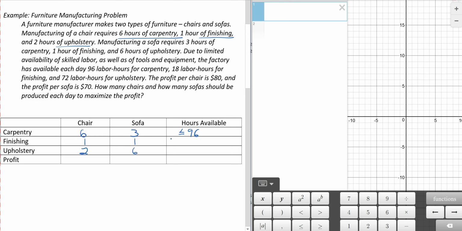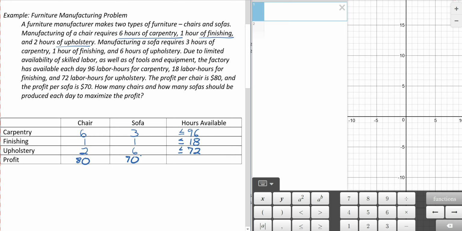We can't go over 96 labor hours, so it can't be greater than that. Labor hours for finishing is 18 at most, less than or equal to 18. And for upholstery, 72, less than or equal to 72. The profit per chair is 80, and the profit per sofa is 70.